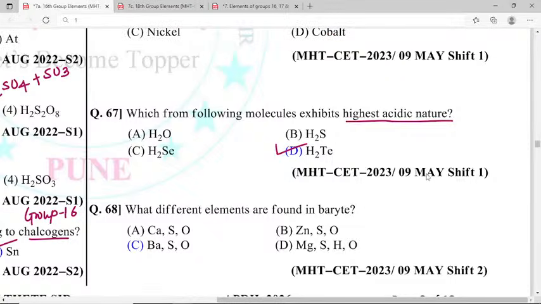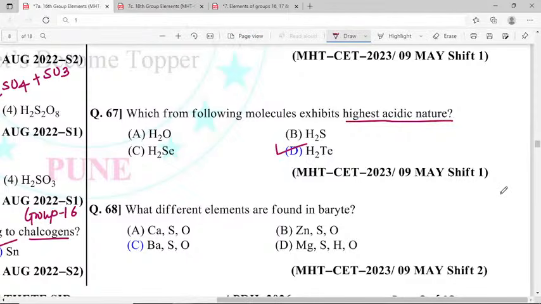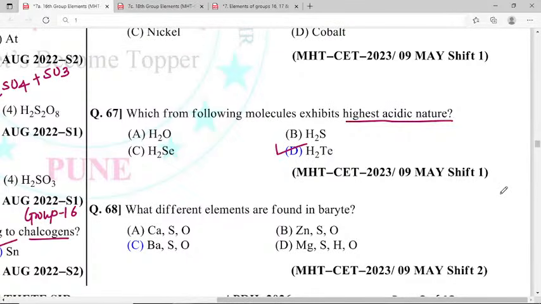The same question was repeated in 2021 and 2022 also. Water is amphoteric, and water is a liquid; the remaining are gases, due to hydrogen bonding.